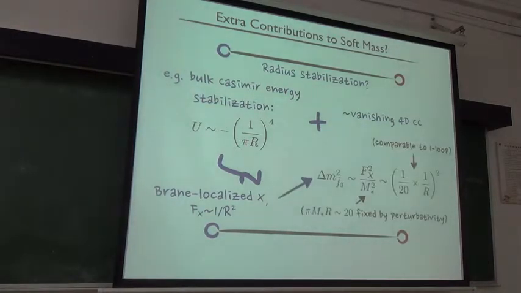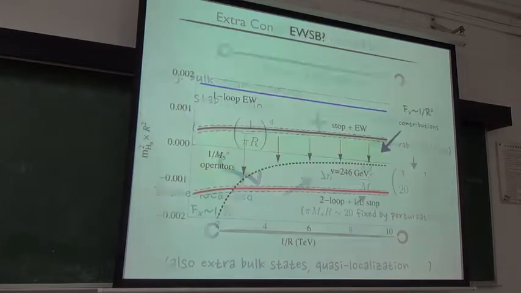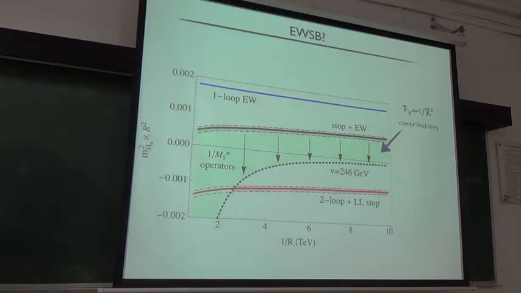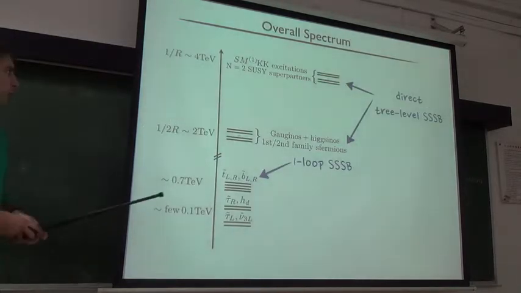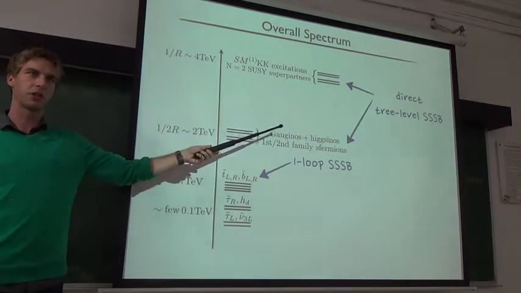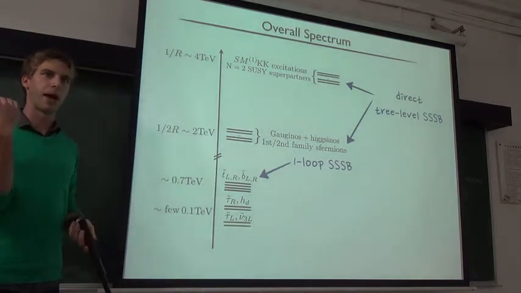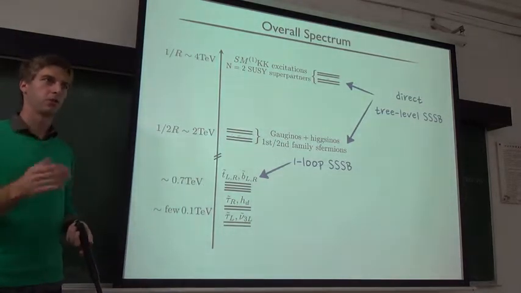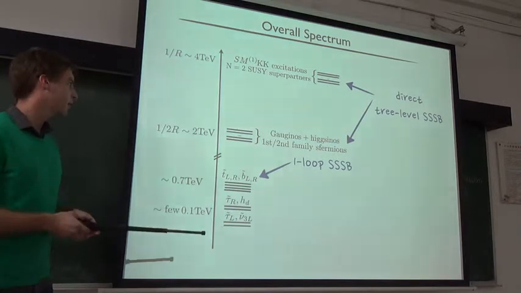And these, it turns out, give you an uncertainty that's kind of comparable to the loop prediction. What that means practically is that all of the states that propagated in the extra dimension and at tree level got a mass of around 1/2R, so a mass of around the TeV scale.